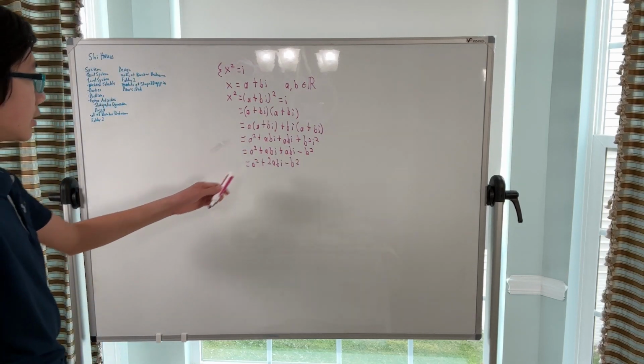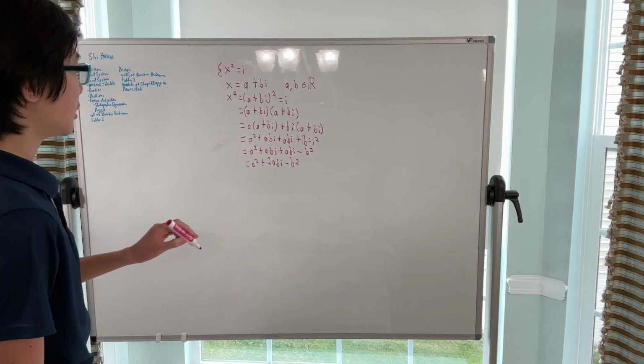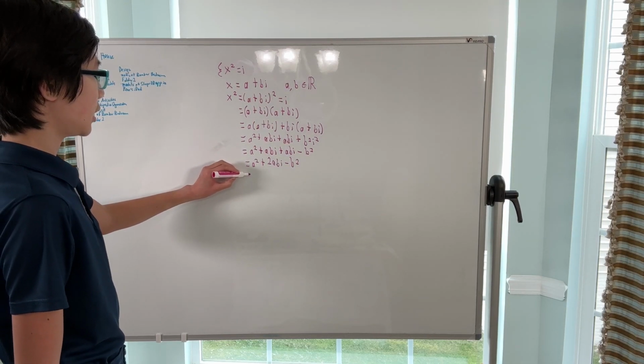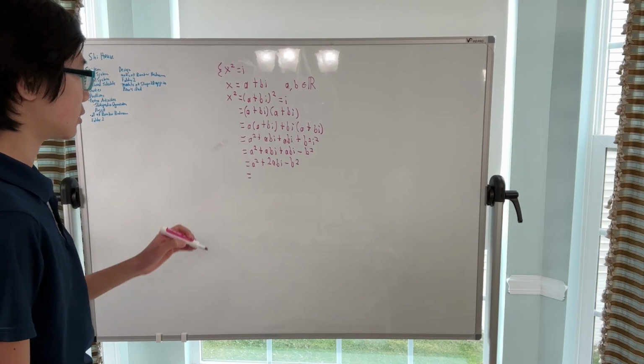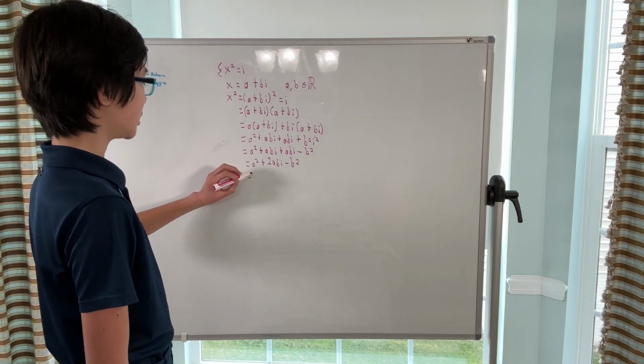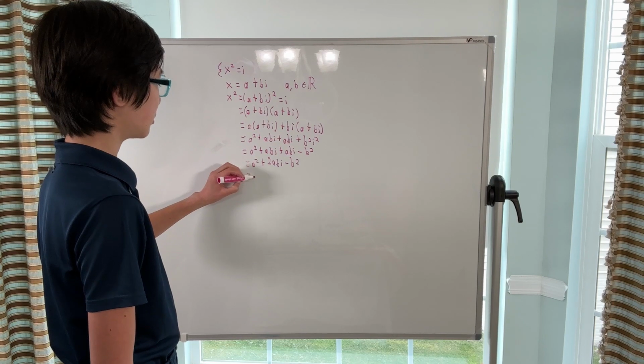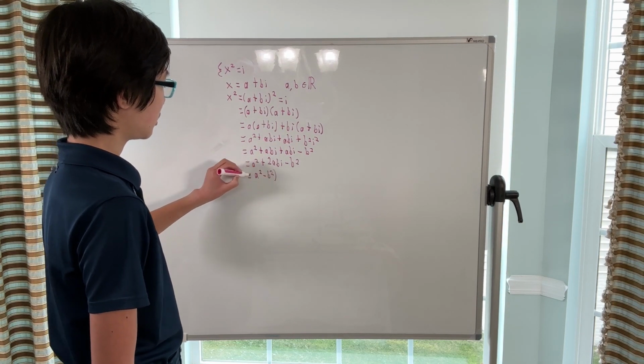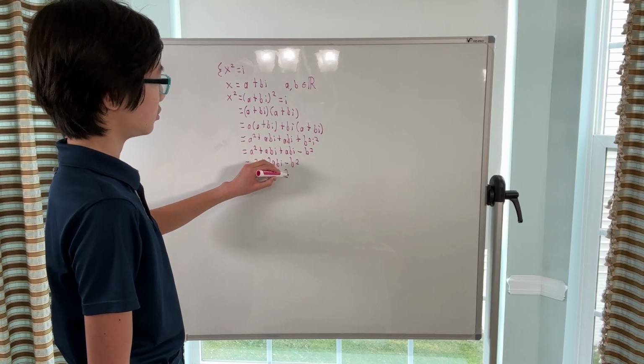Now, note that the first and last terms do not have the variable i, and they're real, and the middle term is imaginary. So we can separate the real and imaginary terms into a squared minus b squared plus 2abi.